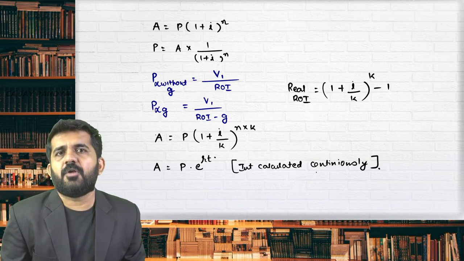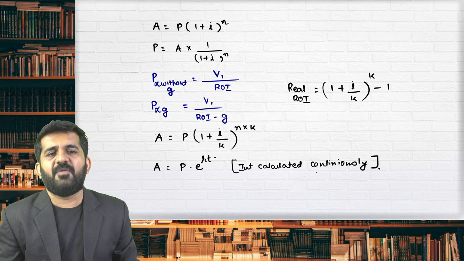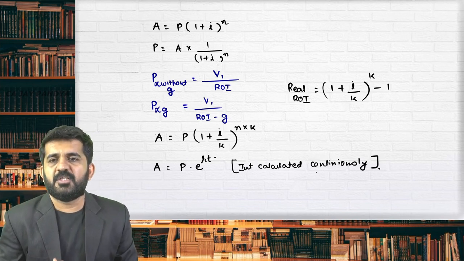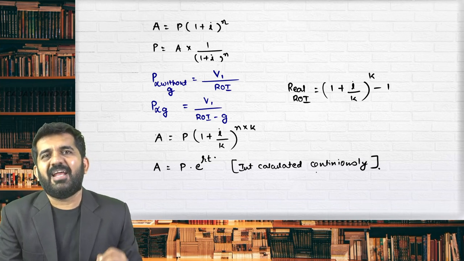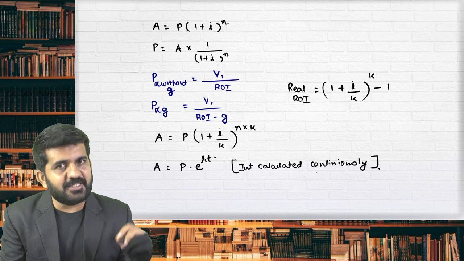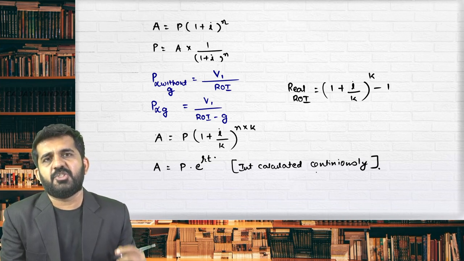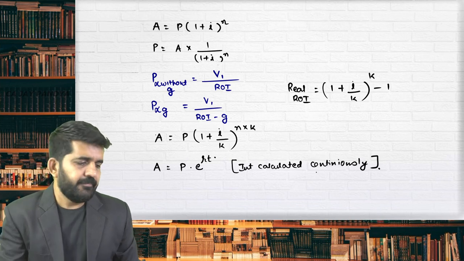So these are the formulas that we have done in the chapter of time value of money. You should be very much comfortable using all these formulas. So hereby we are ending the basic concept of strategic financial management, which is nothing but time value of money.